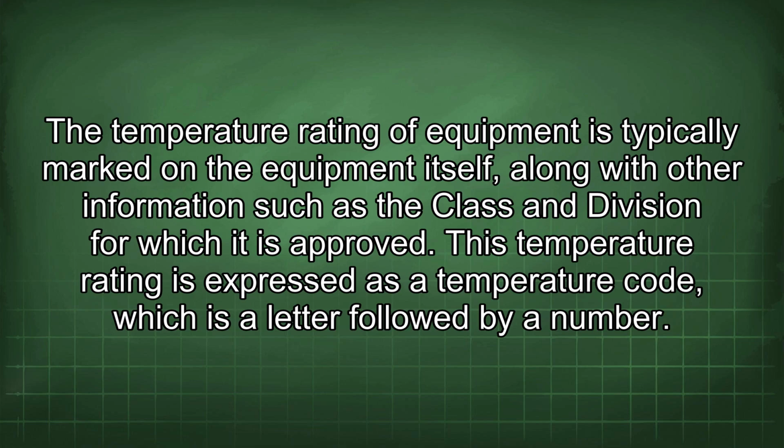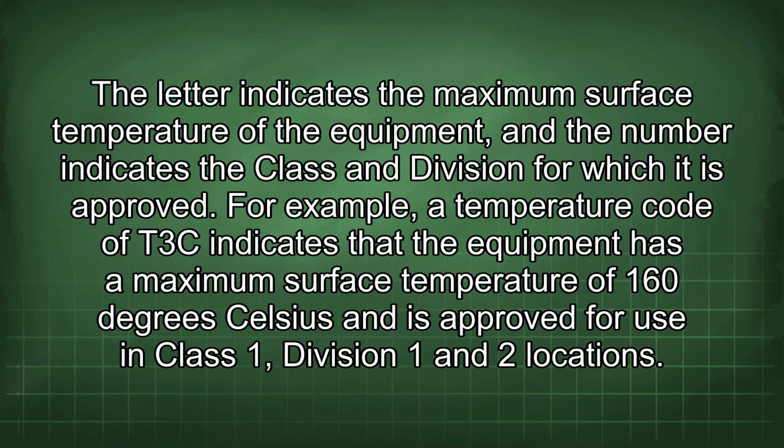This temperature rating is expressed as a temperature code, which is a letter followed by a number. The letter indicates the maximum surface temperature of the equipment, and the number indicates the class and division for which it is approved. For example, a temperature code of T3C indicates that the equipment has a maximum surface temperature of 160 degrees Celsius and is approved for use in Class 1, Division 1 and 2 locations.